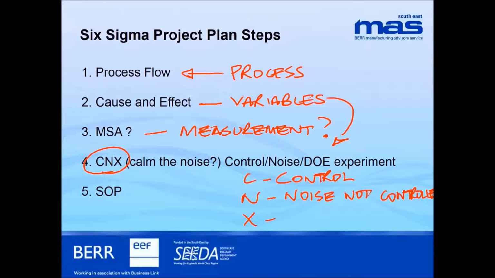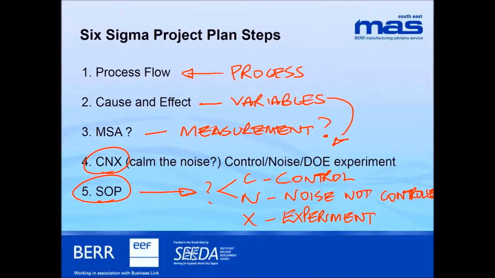X means we'd like to understand them more, and therefore we are going to experiment on them. But the C's and N's are usually the ones that we concentrate on, and we turn the N's into C's as we can using standard operating procedures, and then we see what happens. That would be the traditional approach.